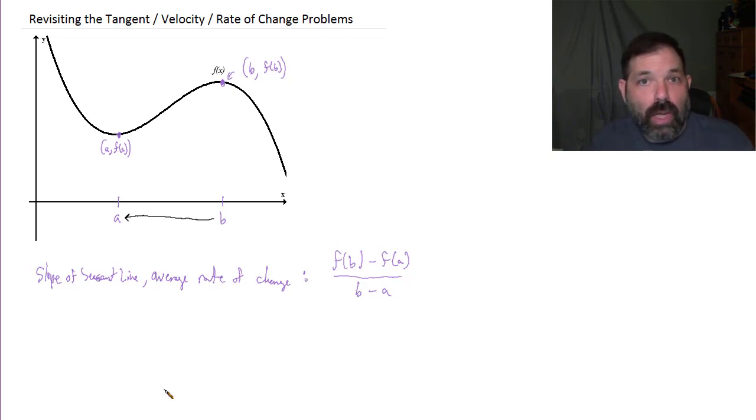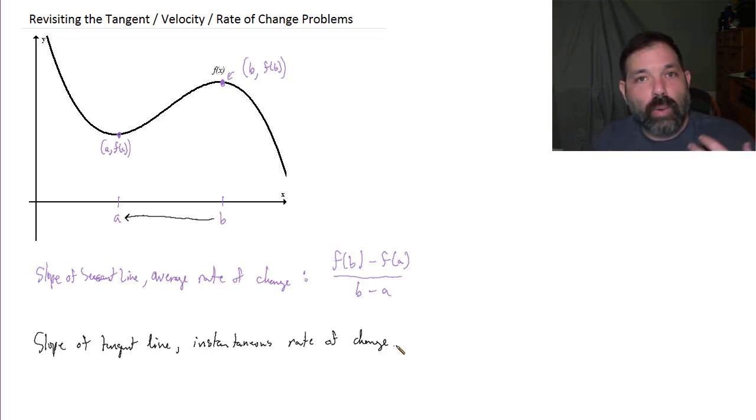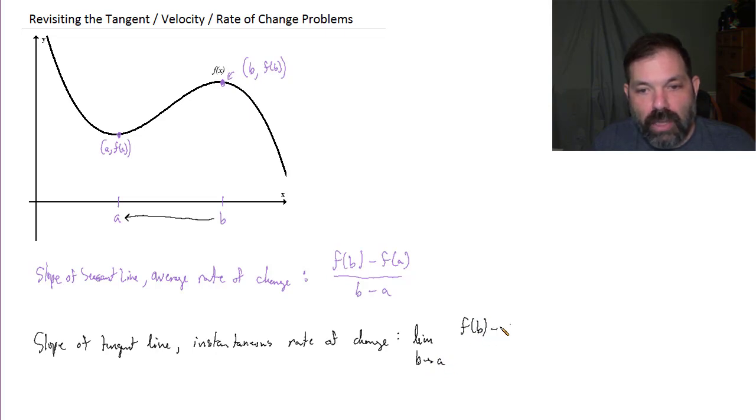And if things worked out nicely, which they did a lot of the time, we got the slope of a tangent line, and that's something that we call an instantaneous rate of change. And we can now express that using this notation. That is the limit with b approaching a of f of b minus f of a over b minus a.